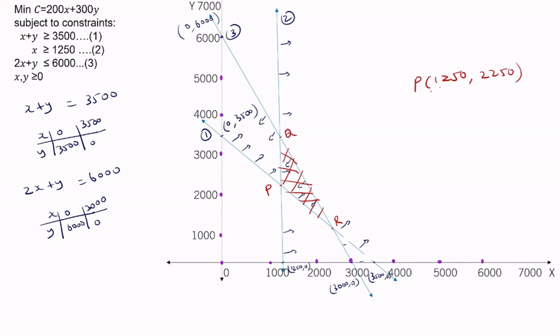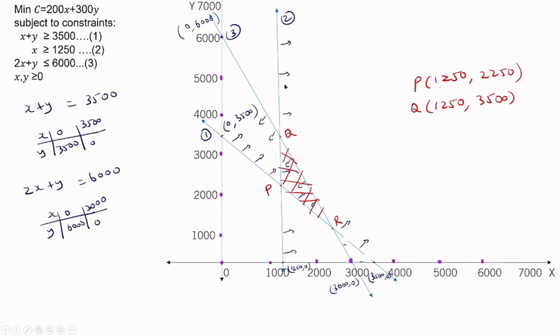Then the coordinates for Q is 1250 and 3500. And then coming to the coordinates for R, if you are able to get it directly from the graph sheet, it is better. Otherwise, we can solve equations 1 and 3.